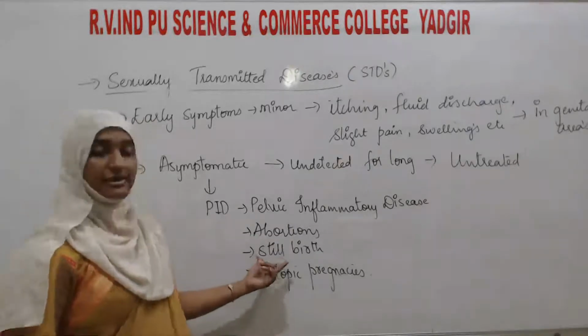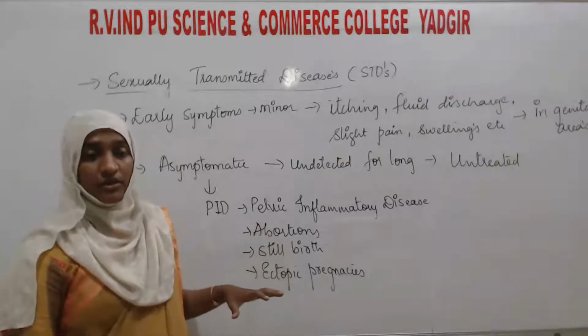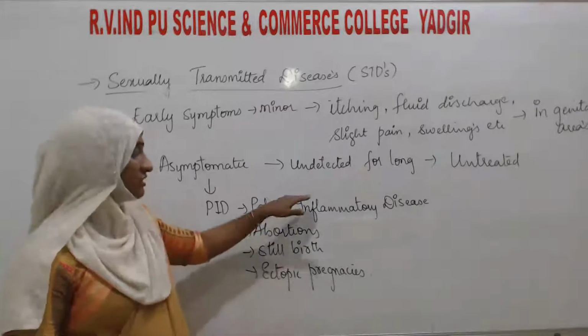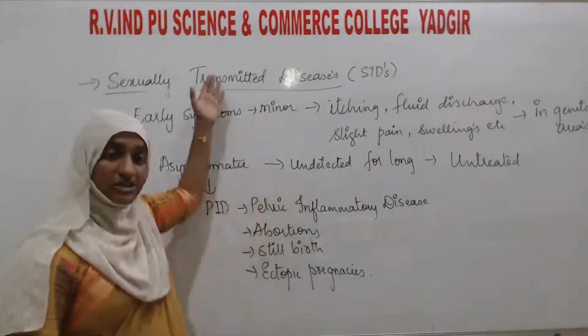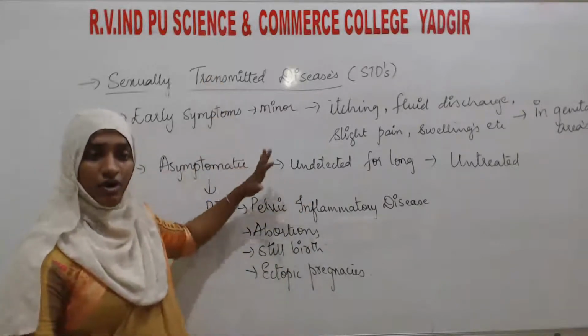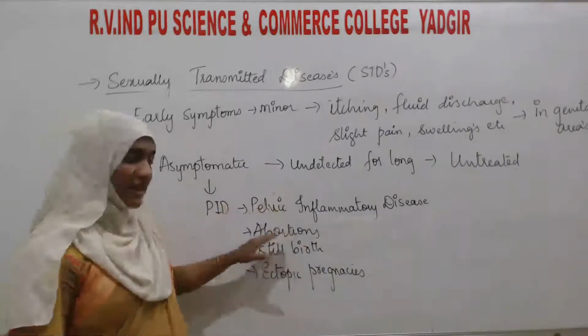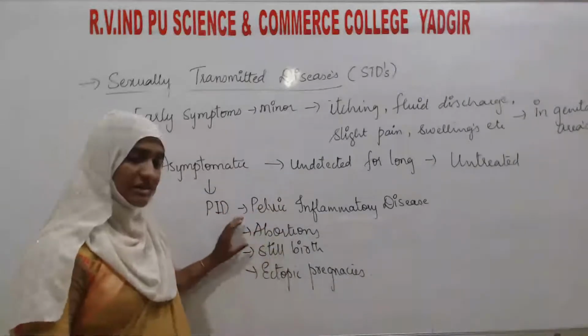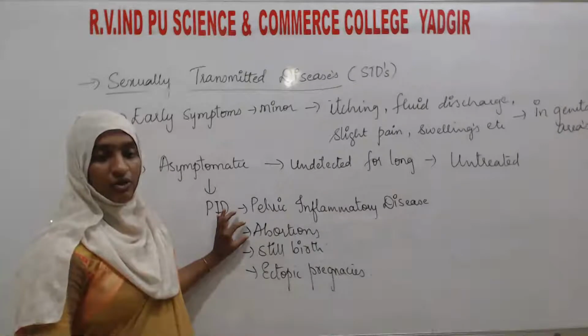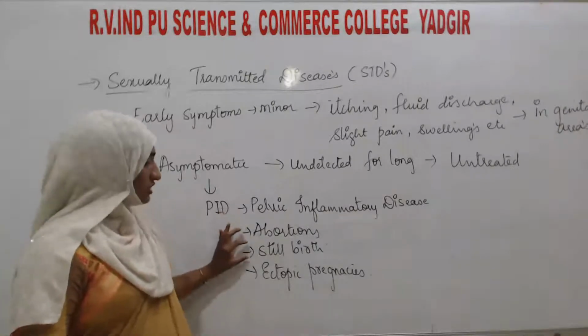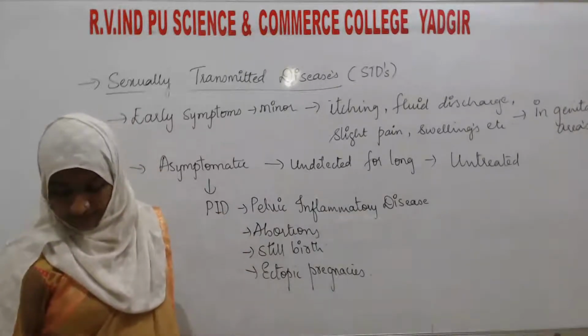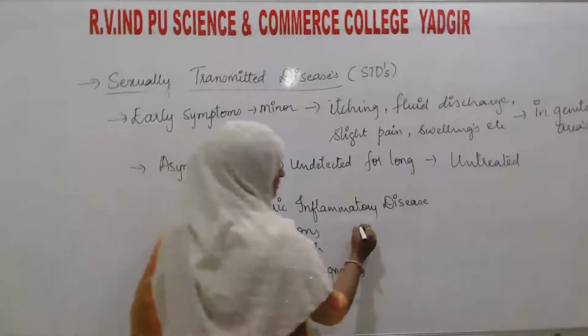Stillbirth, death of the child inside the womb, will also take place through these infections, or if such diseases are untreated for a longer period of time. If the lady is pregnant, then in the early stage that lady will go for an abortion. Then stillbirth, ectopic pregnancies, then infertility.